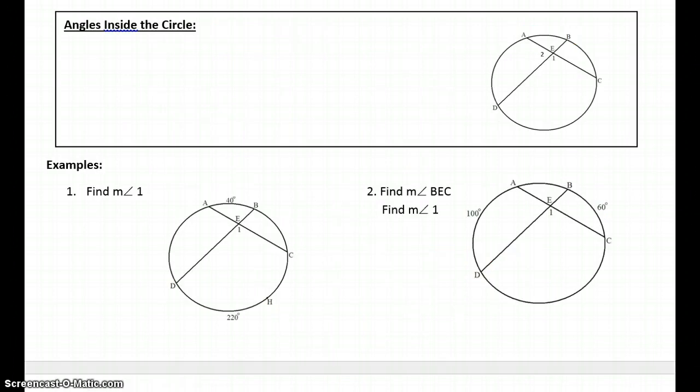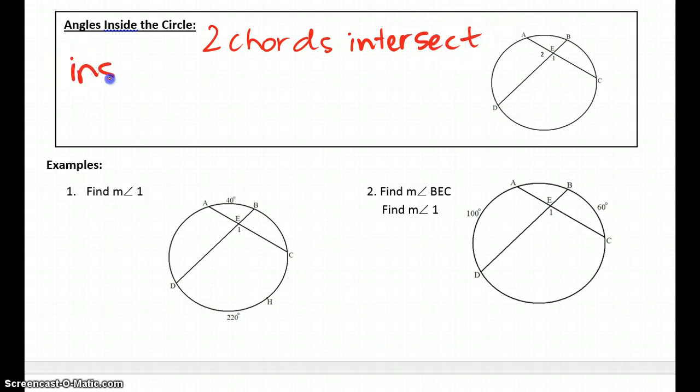So the first one we're going to talk about is angles inside the circle. Angles inside the circle is when two chords intersect inside the circle.